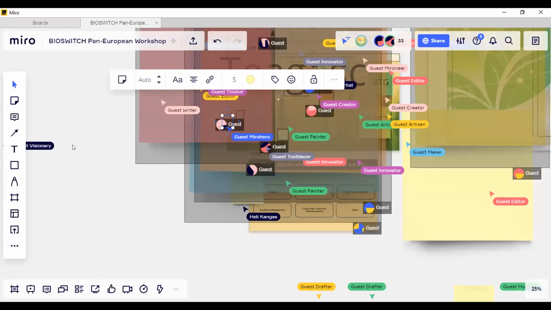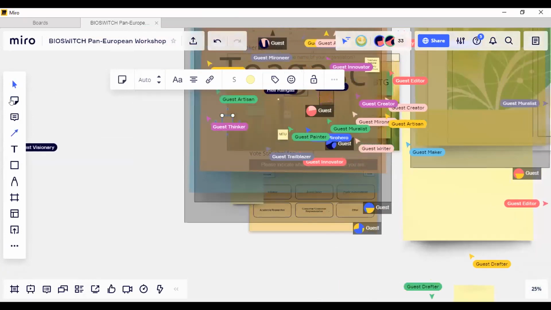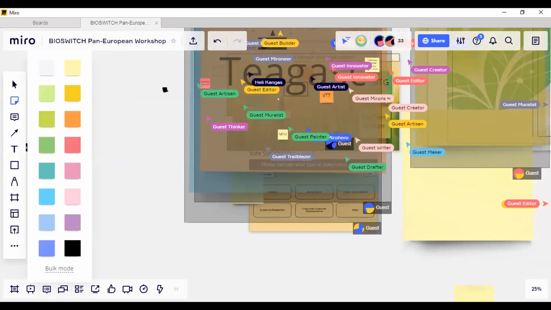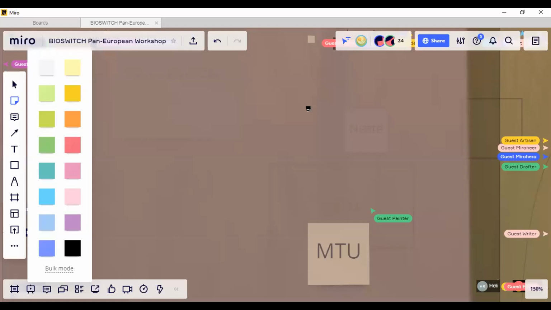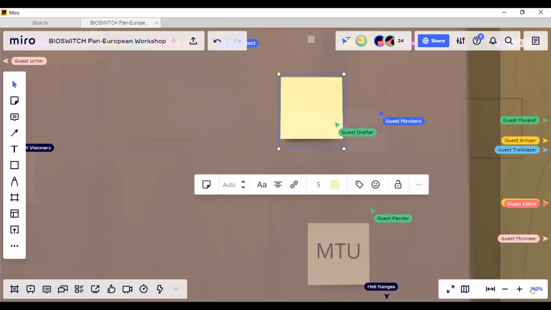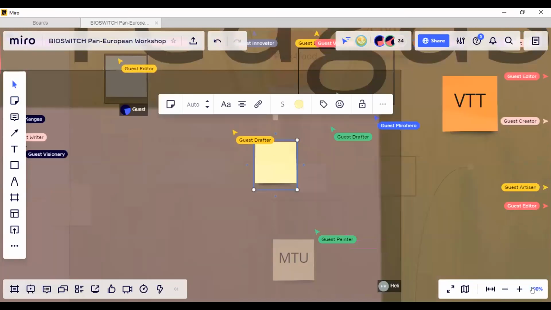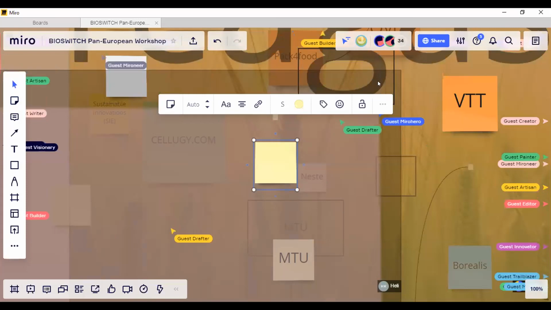So make sure everyone is using the sticky note function, not any other tools. And if you zoom in, if you press 100% on the screen, it should frame it, and the sticky note should come up smaller.